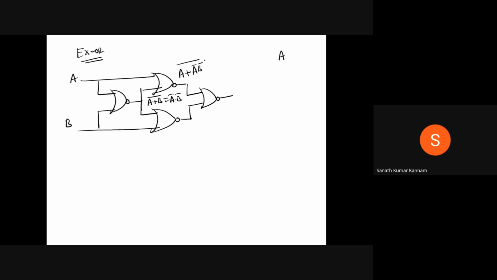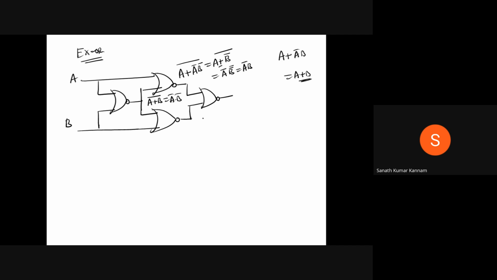What is the absorption law? A or A bar B is equal to what? A or B. So you can write this as (A or B bar) whole bar. If you apply De Morgan's law, you get A bar B.